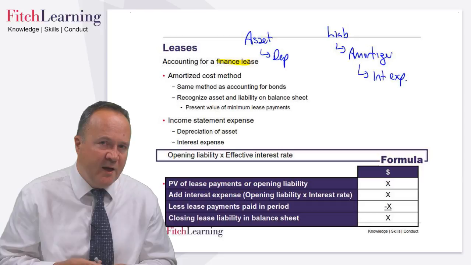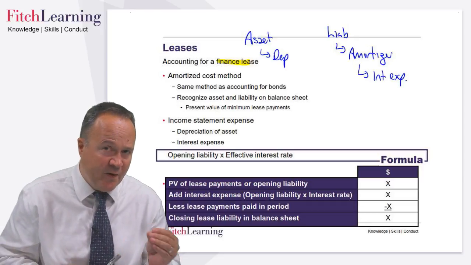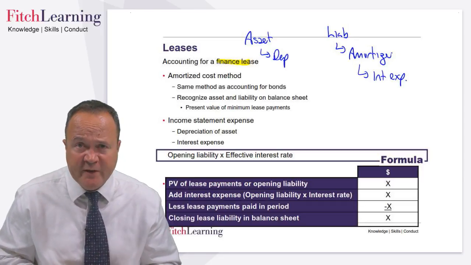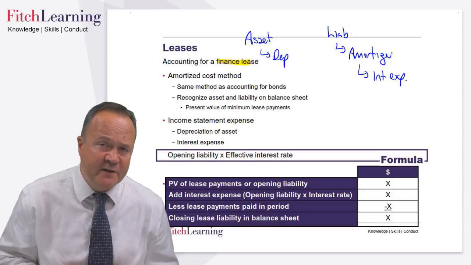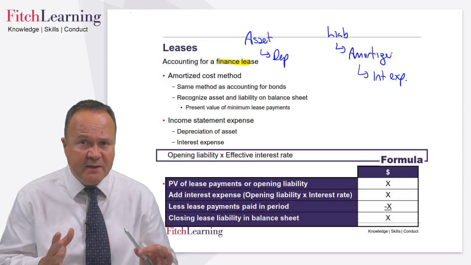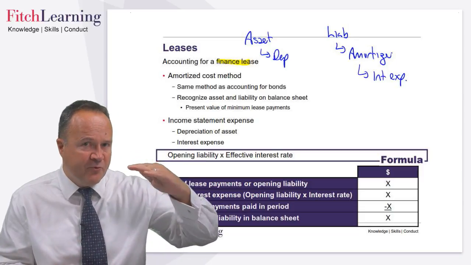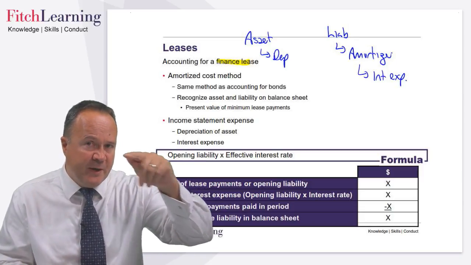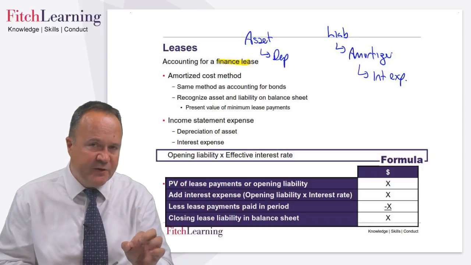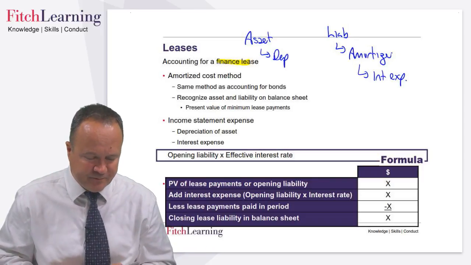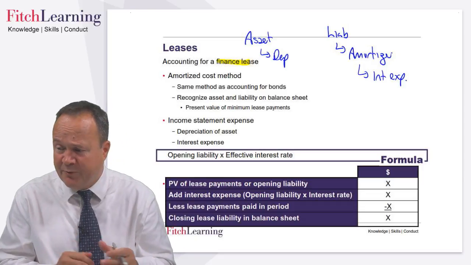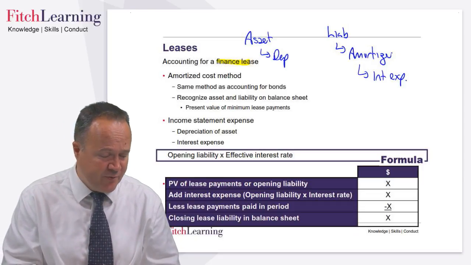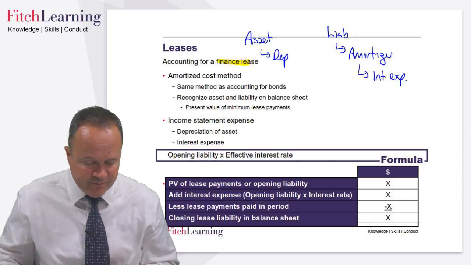So when we compare an operating lease with a finance lease, an operating lease will have just the rental payment as an operating expense. A finance lease, you won't see that payment as an operating expense. What you'll see instead is depreciation and interest. The liability is as per what we were talking about just a few months ago for the bond. So let's have a go with some numbers.